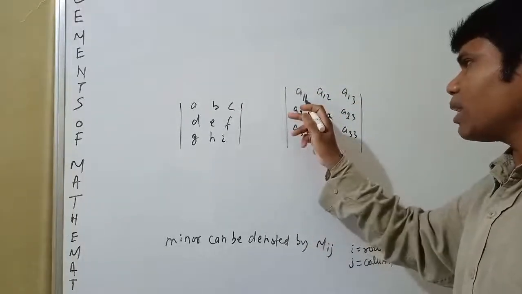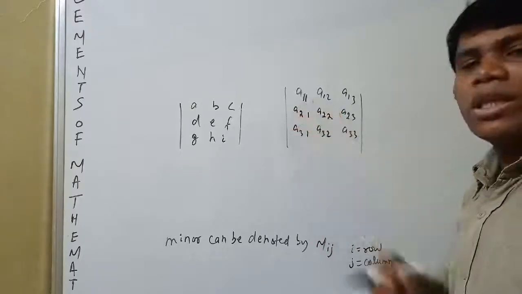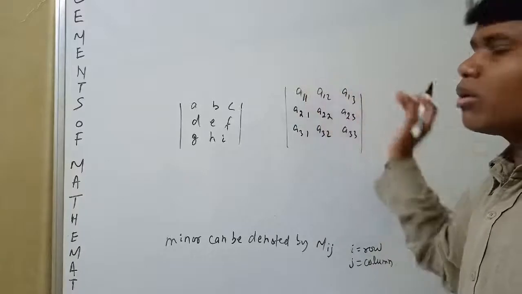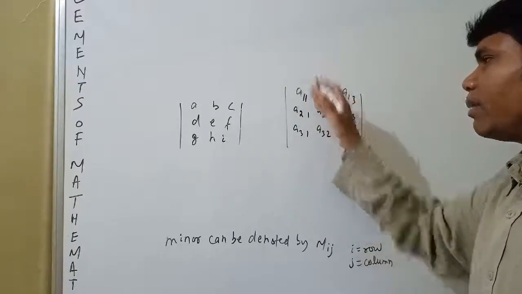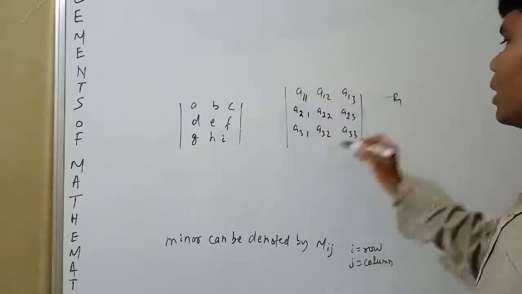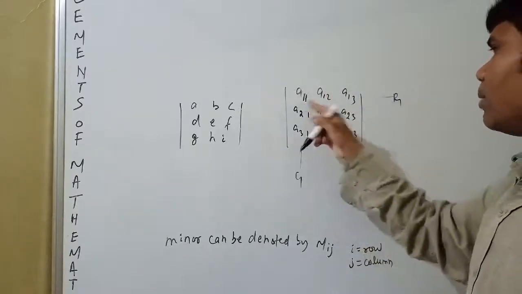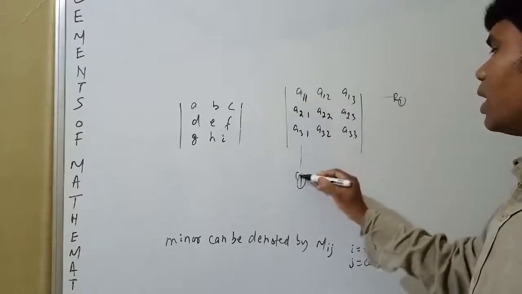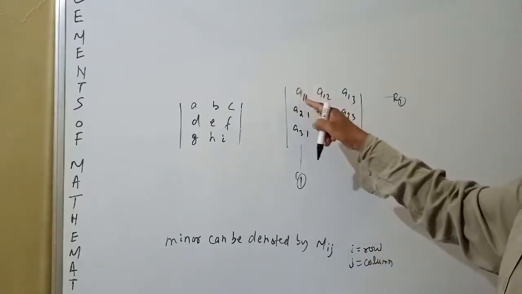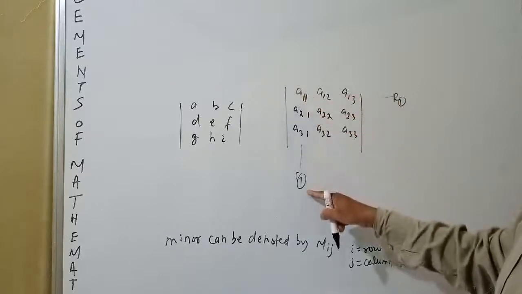That means the first one represents row, the second one represents column. You see, this is your first row, row 1, and this is your column 1. This element is here 1, here 1. That means this element belongs in first row and first column.